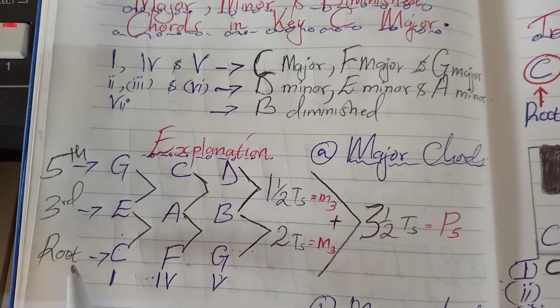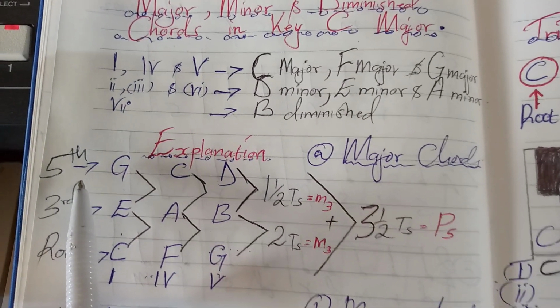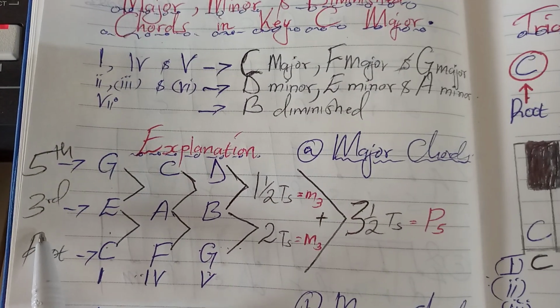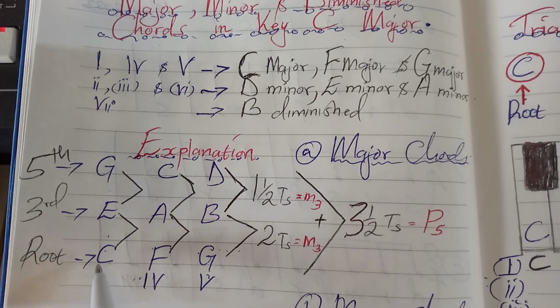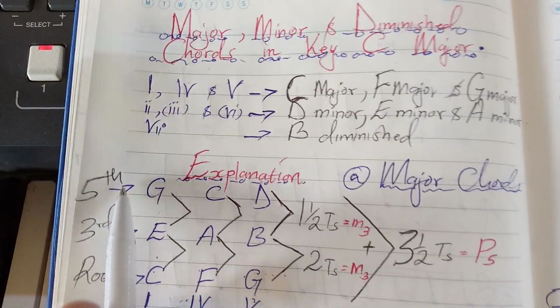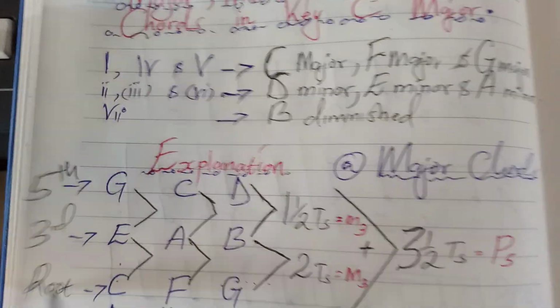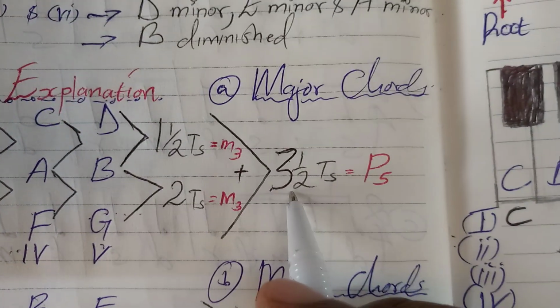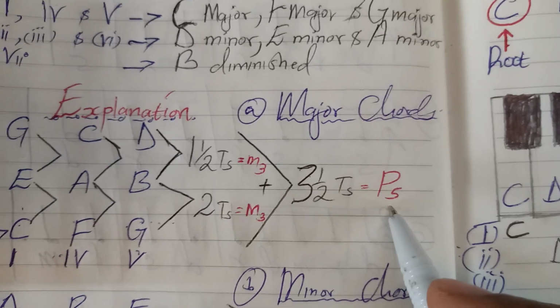So if the lower third is 2 tones and the upper third 1.5 tones, that gives us a major chord. And the distance between the root and the fifth should be 3.5 tones, and that gives us a perfect fifth.